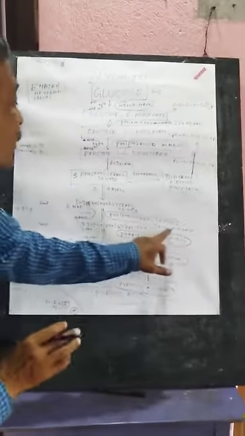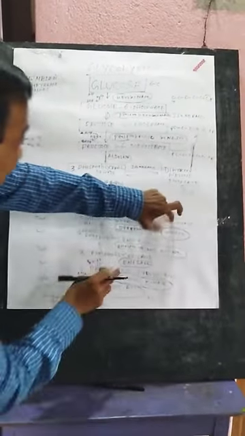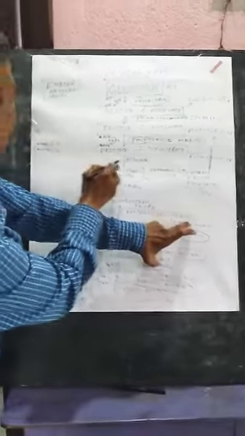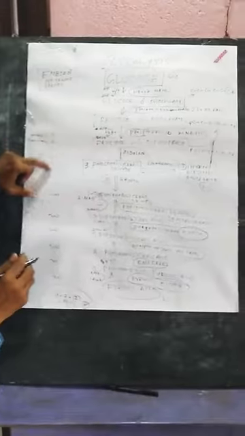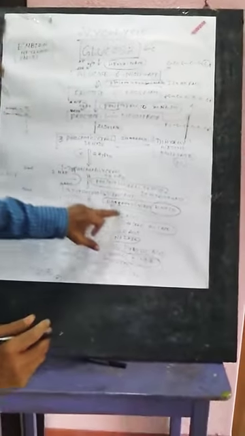Kinase 4 enzymes, isomerase 2 enzymes, and dehydrogenase, enolase, aldolase: aldolase 1, dehydrogenase 1, enolase 1. Again 1 mutase. This is all about glycolysis.